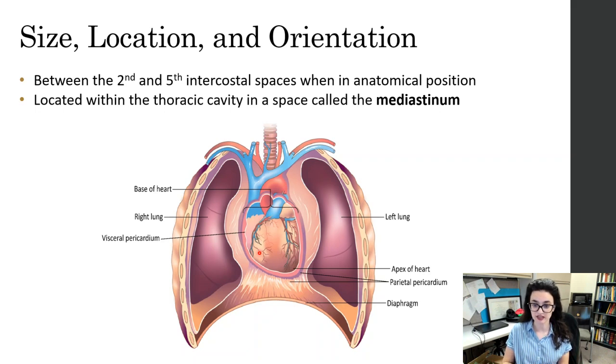If we were to look at the lungs, you can tell that the right lung is actually larger than the left lung, and that's because this left ventricle is so large in the heart that it actually takes up a lot of room that the lung would have had if it wasn't there. So we have this cardiac notch on that left lung, only 2 lobes of a left lung, but 3 lobes on the right. So very interesting to see these structures next to each other.